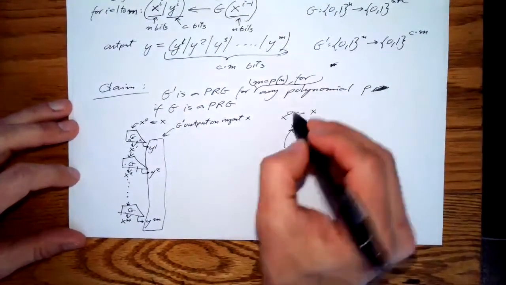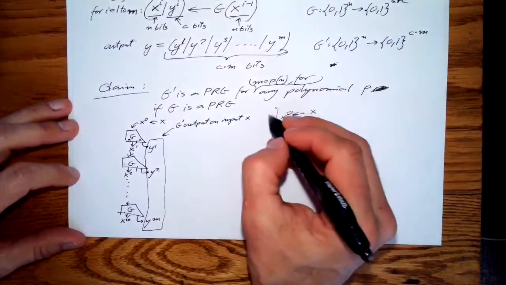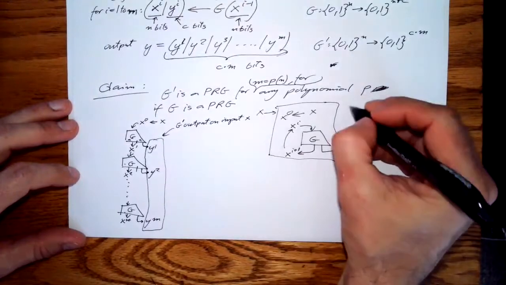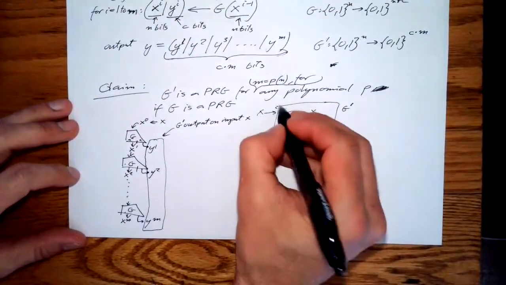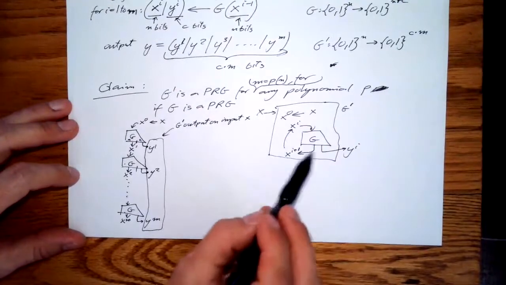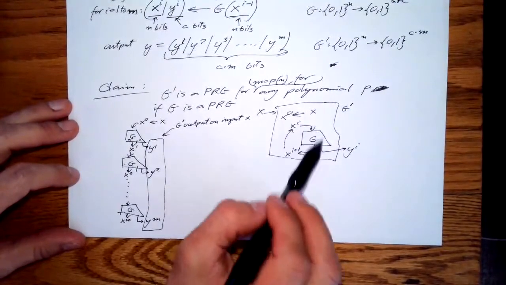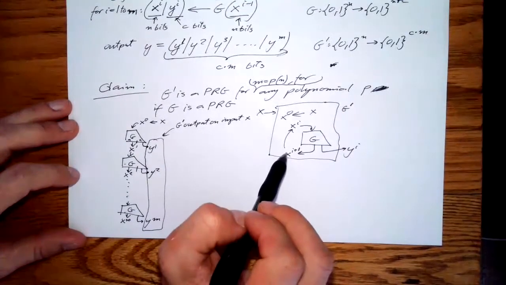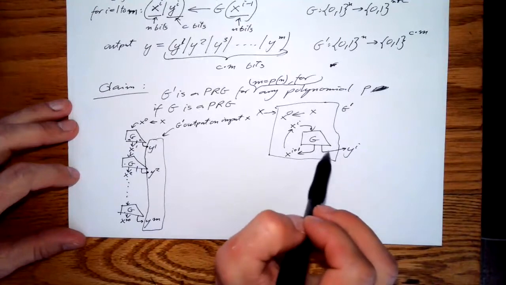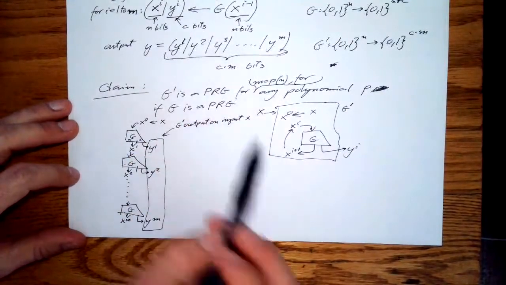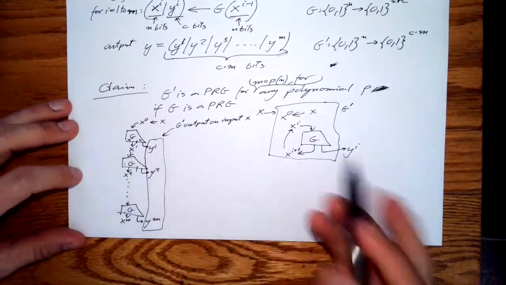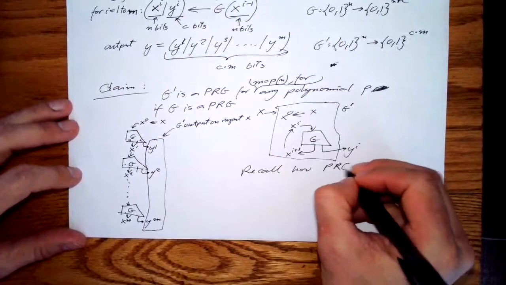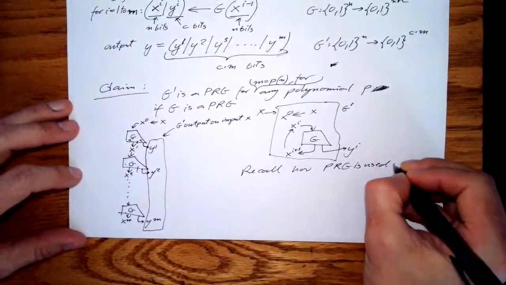So this is my G prime construction, which has this small circuitry of G inside and just updates this local state variable and spits out pieces of the string. And that's a very useful usage of the PRG, because recall how PRG is used in stream cipher.